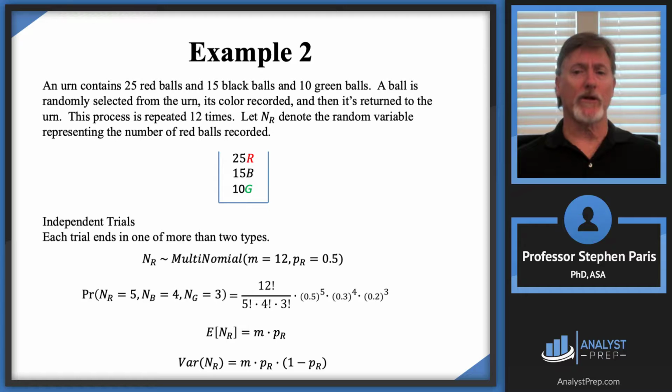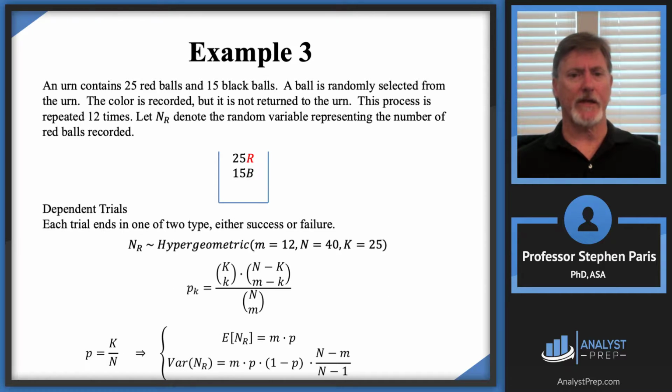And then another way we could have tweaked example 1 was to make the trials dependent. So when you have dependent trials, and each trial ends in either a success or failure, you're talking about a hypergeometric distribution. And here's the formula for calculating the probability that the random variable is equal to k.